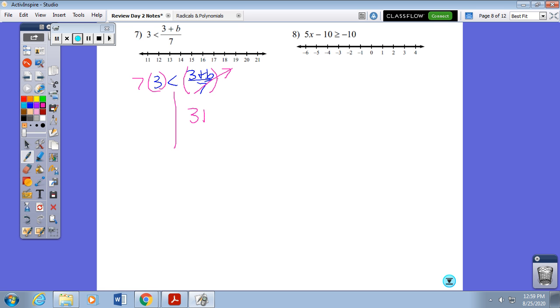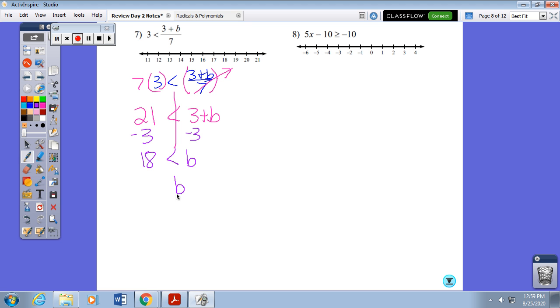Then I have 3 plus b on the right, bring down my sign, 21 on the left. Subtract 3 from both sides. b is greater than 18. Again, the answer should be on that number line there for you, so be careful.